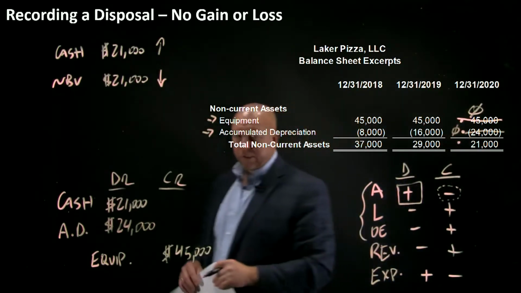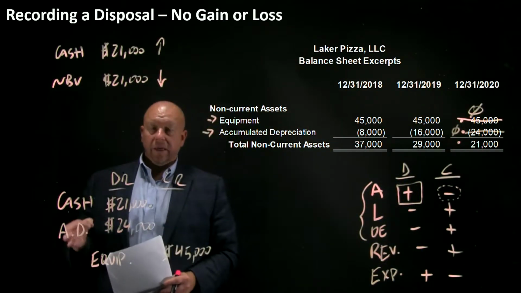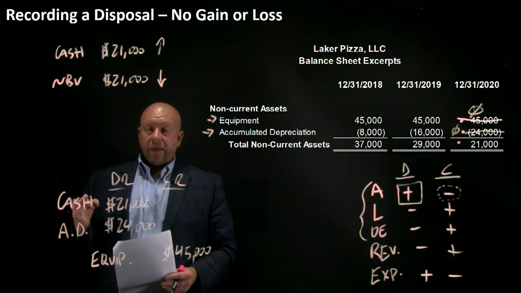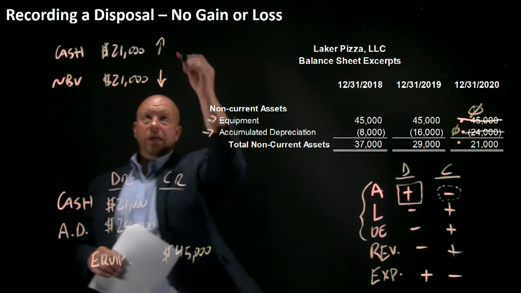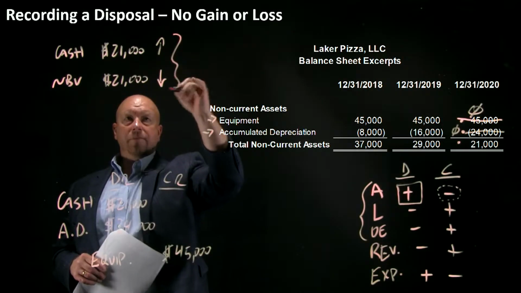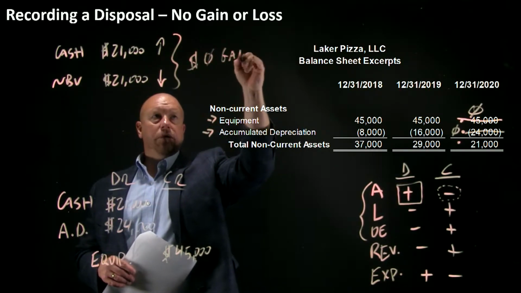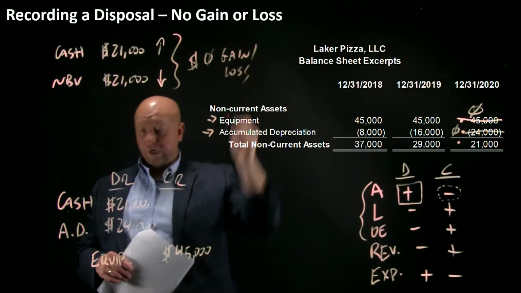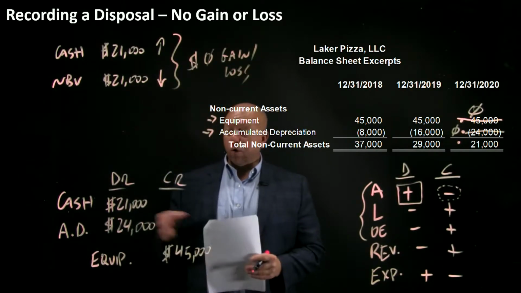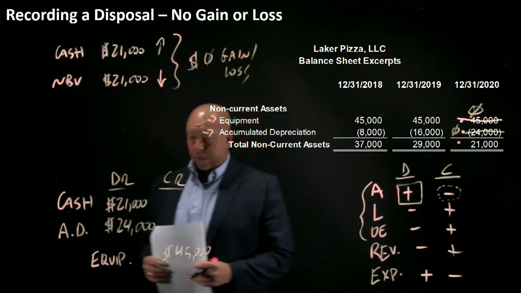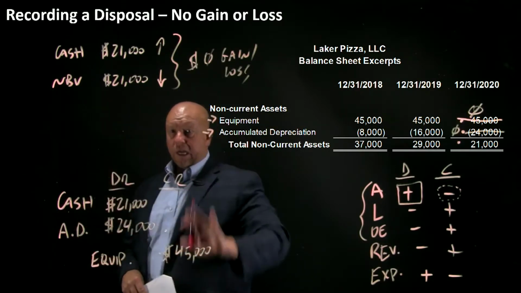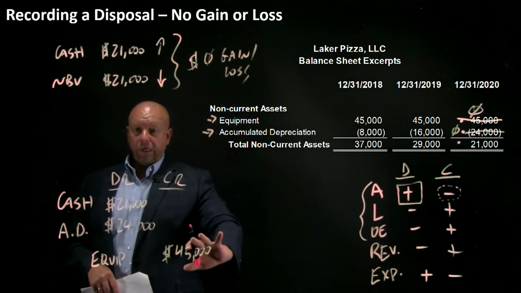Now, one of the reasons I like to focus on the journal entry is that you can double check yourself. Over here, we had determined mathematically there would be no gain, no loss. Great. And you can see, recording this transaction in our financial statements, we indeed have neither a gain nor a loss recorded here.